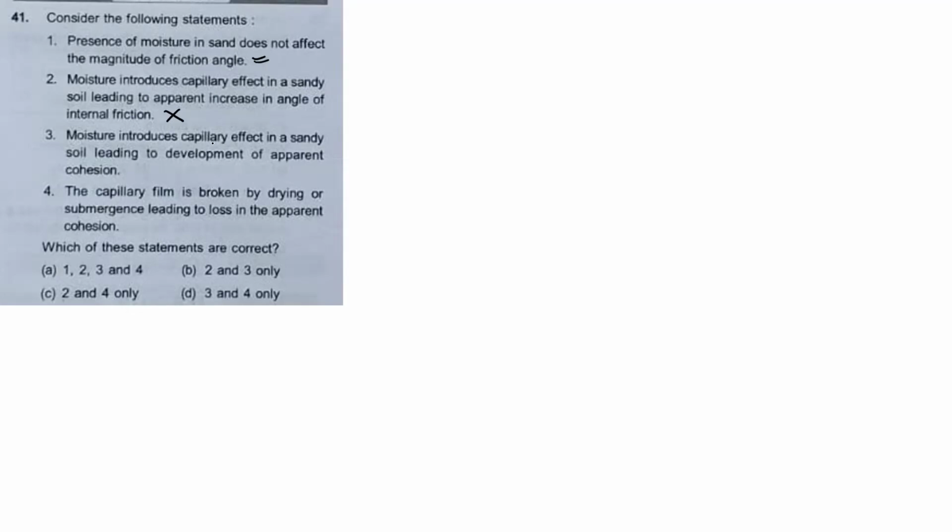Moisture introduces capillary effect in a sandy soil, leading to development of apparent cohesion. Yes, this statement is correct. The capillary film is broken by drying or submergence, leading to loss in the apparent cohesion. Yes, statement is also correct. So 1 is correct, 3 is correct, and 4 is correct.